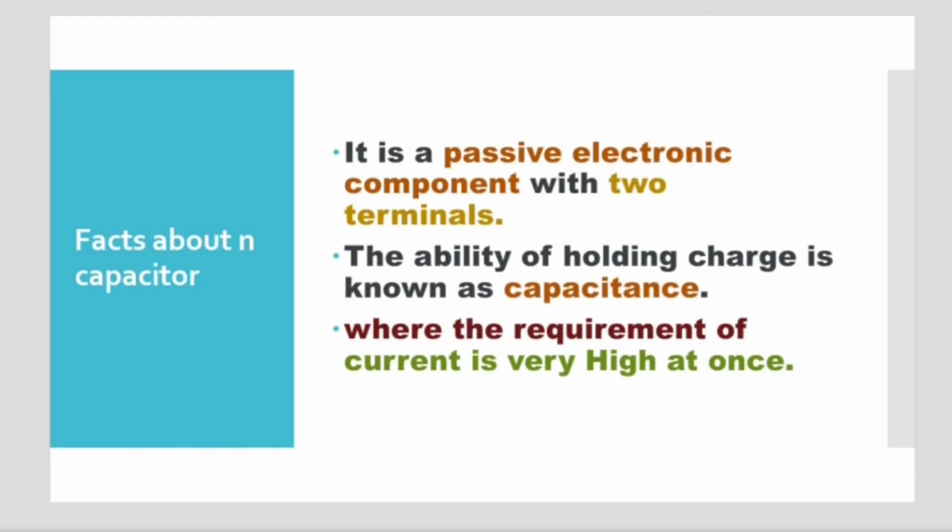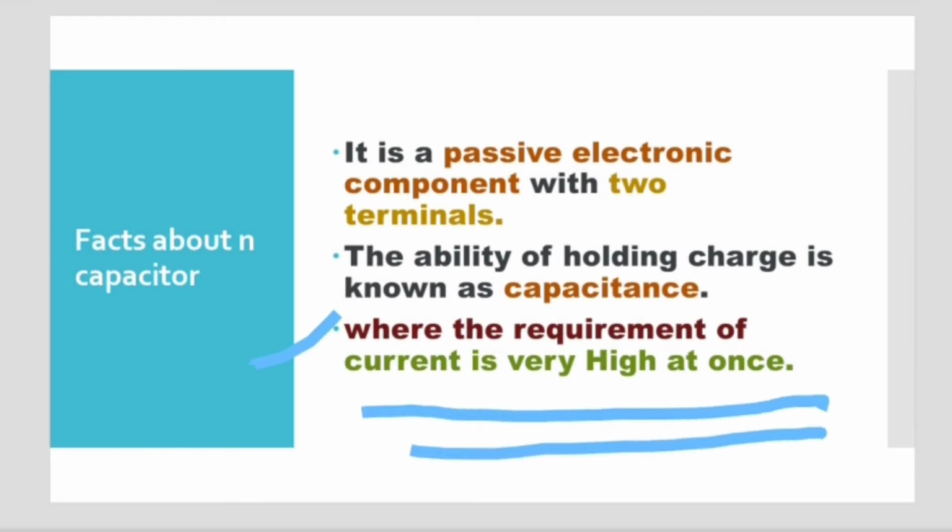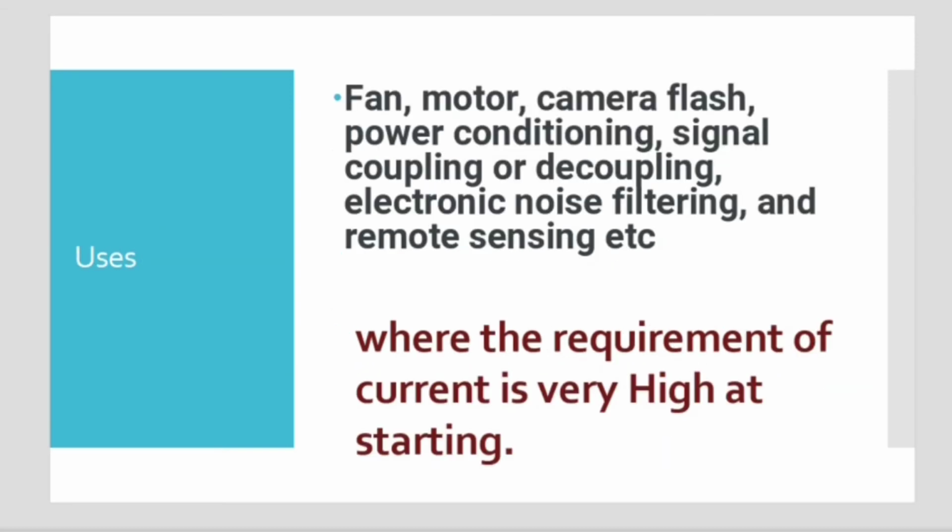Okay, then last point is where it is required. When the current need is very high, when current is needed at a very high value at once. So where the capacitor is basically used? In case of a fan, whenever you are starting a fan, it actually draws so much electrical energy from the power supply at a glance.